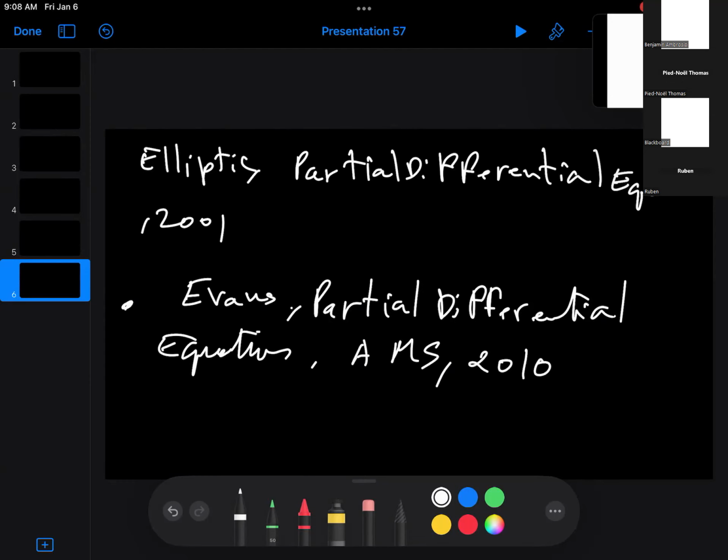I can provide you some pages from it that specifically deal with the topic of today. And lastly, I like also the book of Jost. I already gave you this reference.